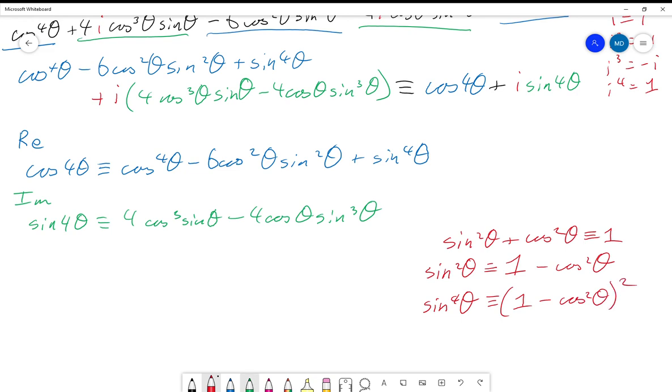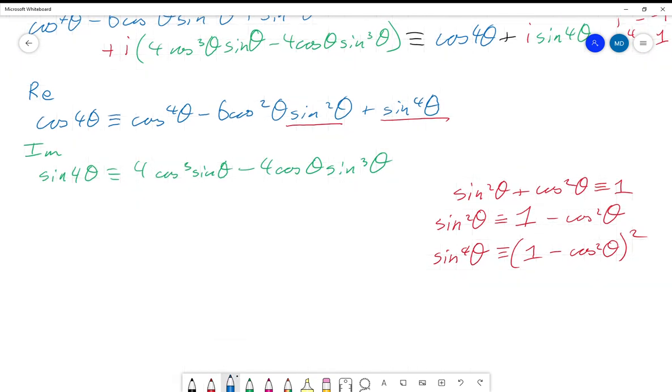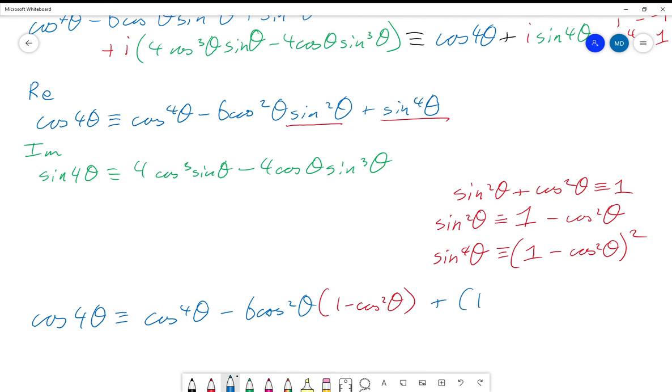And now I can substitute those in for the sine squared here and the sine to the 4 here. And I get an entirely different formula for cosine 4 theta. Cosine to the power of 4 theta minus 6 cosine squared theta multiplied by 1 minus cosine squared theta, plus 1 minus cosine squared theta, all squared.